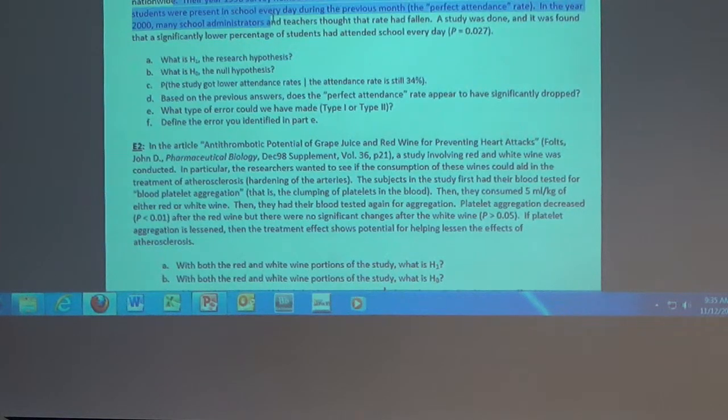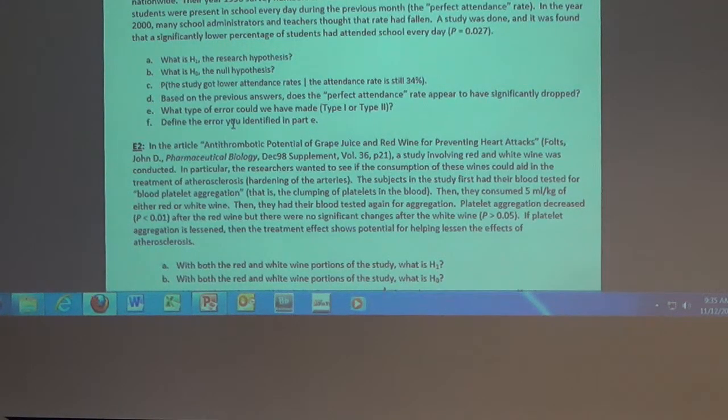Remember these guys? Where I gave you, read this, extract the hypotheses. Where I gave you a lot of text. From that, you extracted the hypotheses, what type of error, define the error.